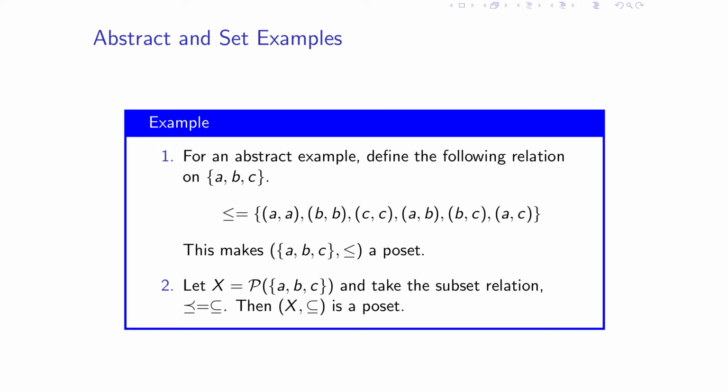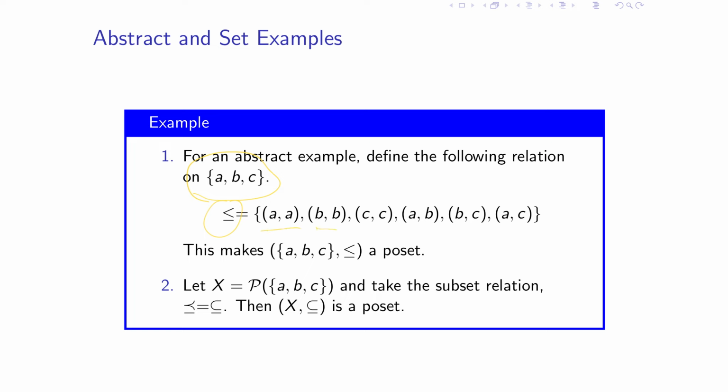Okay, let's now look at some more abstract examples. To get a really dry, basic abstract example, let's take the set {A, B, C} and construct completely abstractly a relation on it. I'll write that relation as less than or equal to.